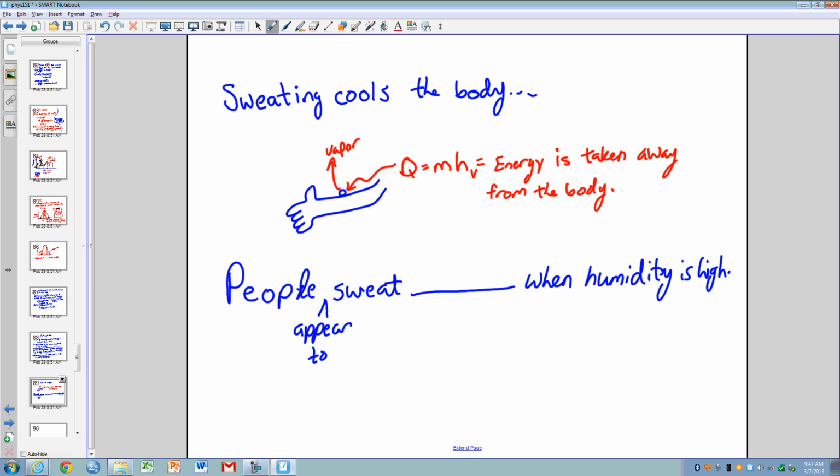Which is it? Do they appear sweaty when the humidity is high, or do they appear not very sweaty? They sweat more, right? Or it appears that they sweat more.